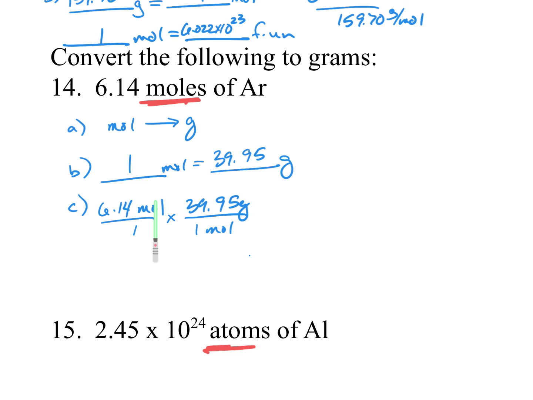In this way, your moles in the numerator will cancel with these moles of the denominator. So 39.95 times 6.14 gives you an answer of 245.2316, and we have 3 significant figures in our problem, so 245 grams.